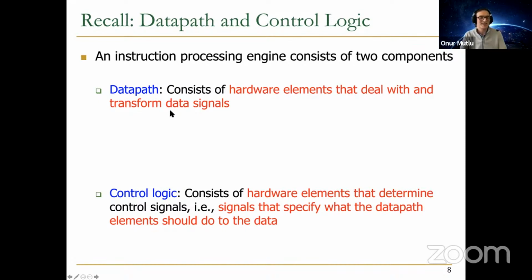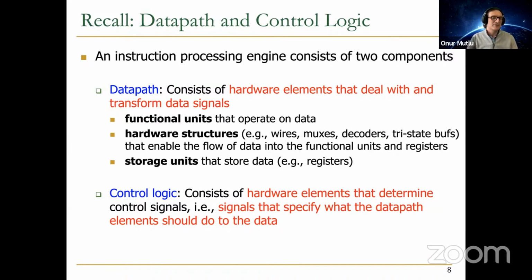This also exists in other domains like networking. For example, you have a data domain and you have a control domain. That happens also in processing, as you can see. Data path consists of hardware elements that deal with and transform data signals. In contrast, control logic consists of hardware elements that determine control signals, meaning signals that specify what the data path elements should do to the data. So control enables the data path to transform the data signals.